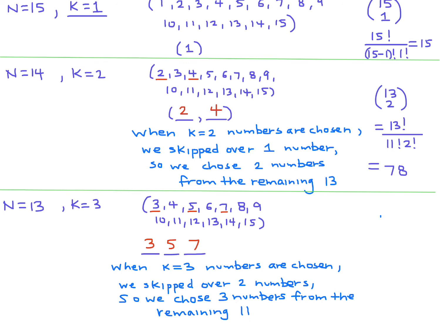So mathematically, that means from 11, choose 3. And 11 choose 3 is 11 factorial over 8 factorial times 3 factorial. And the numerical value for 11 choose 3 is 165.